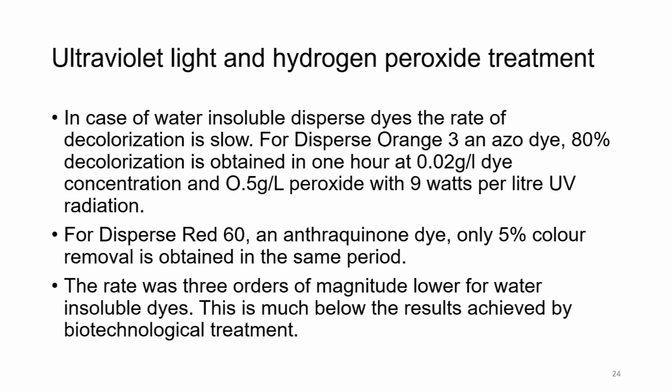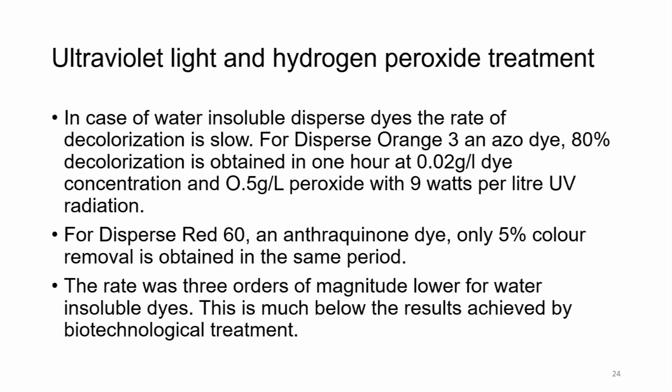In case of water insoluble dispersed dyes, the rate of decolorization is slow. For dispersed orange 3 and azo dye, 80% decolorization is obtained in 1 hour at 0.02 gram per liter dye concentration and 0.5 gram per liter peroxide with 9 watt per liter UV radiation.